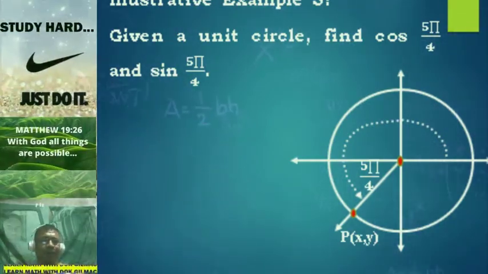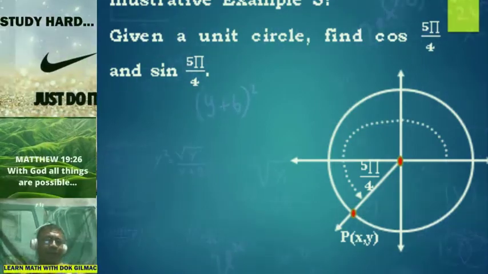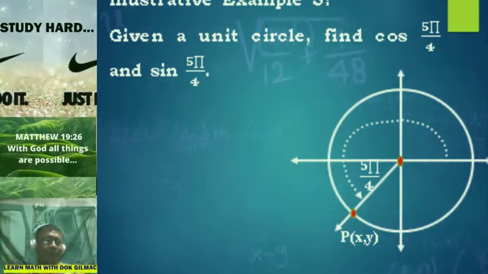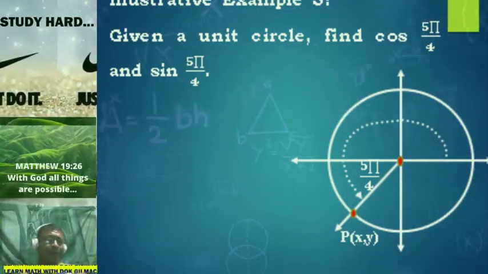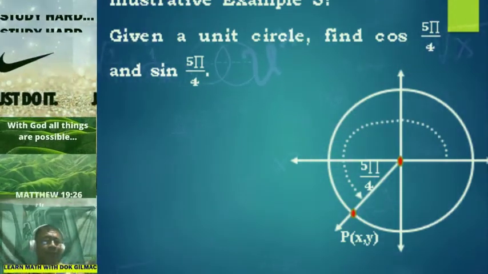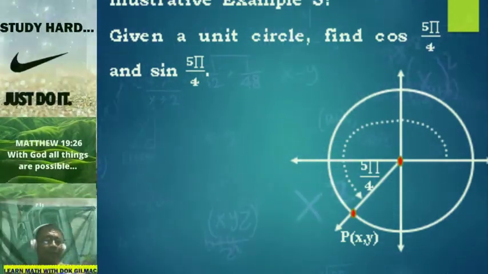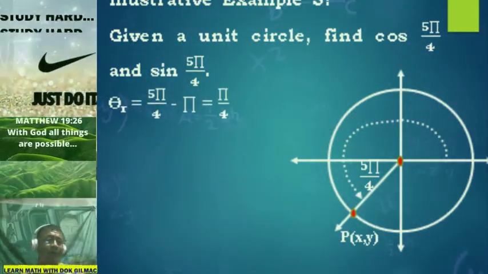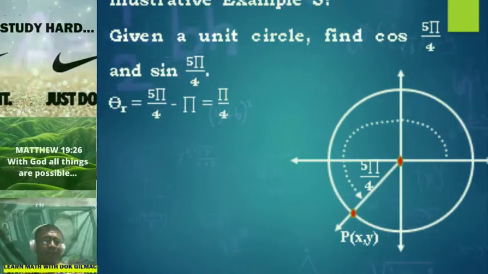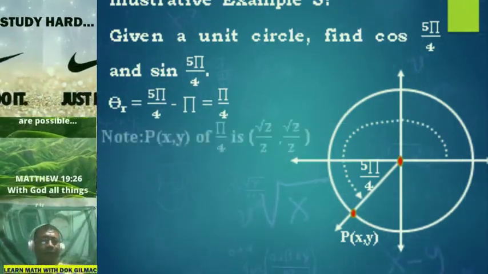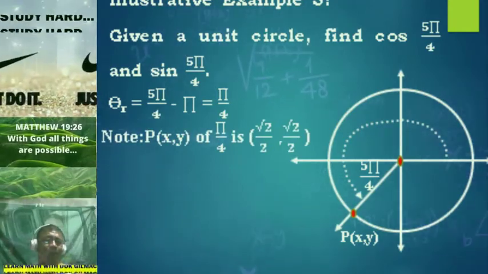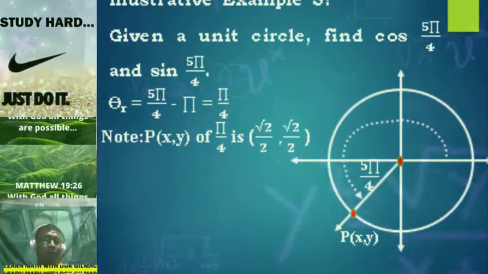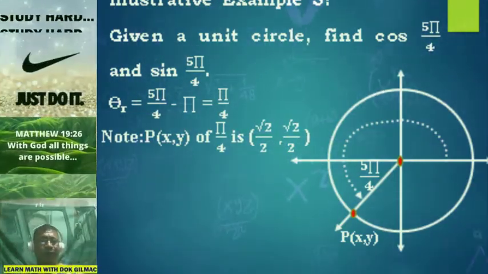Now using the definition for our reference angle, notice, class, that theta is in the third quadrant. So theta reference of an angle in the third quadrant is simply theta minus 180 degrees, or simply 5 pi over 4 minus pi, which is just equal to pi over 4. Take note, class, that the coordinates P of xy of pi over 4 is square root of 2 over 2 and square root of 2 over 2.